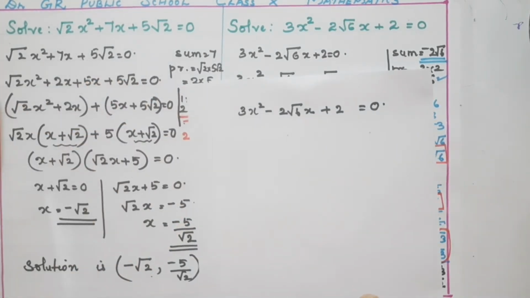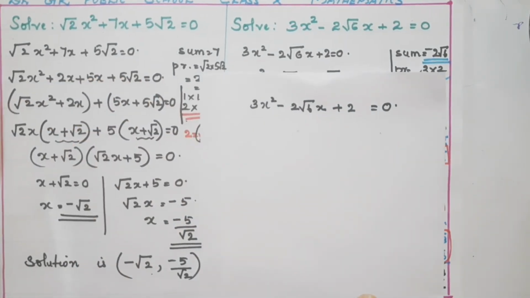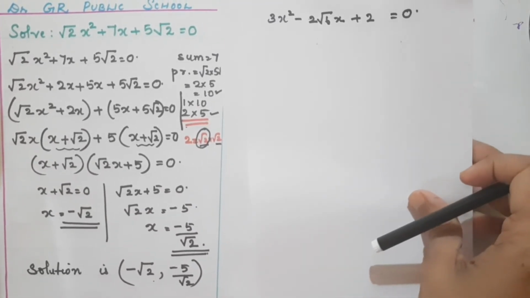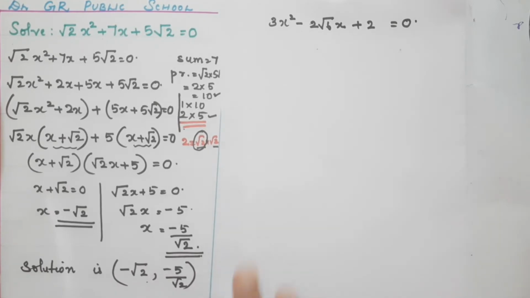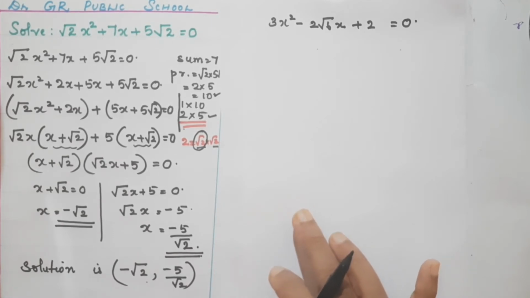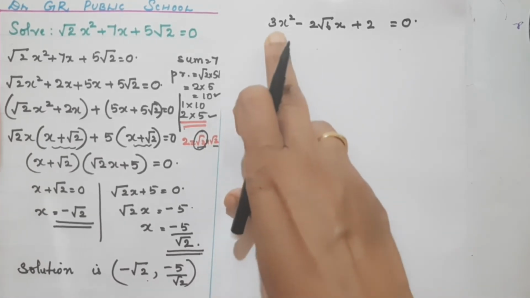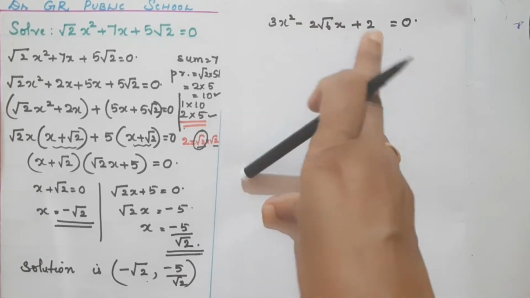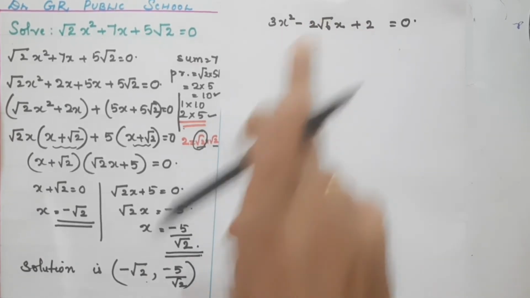So last year you have studied to apply the first two identities, that is a plus b the whole square and a minus b the whole square. We should have two perfect square terms and middle term should be 2ab. But first when you check, you may think that these two terms are not perfect square terms.